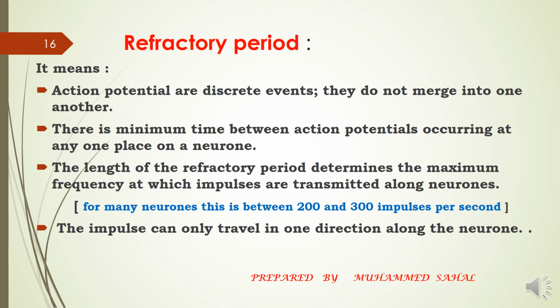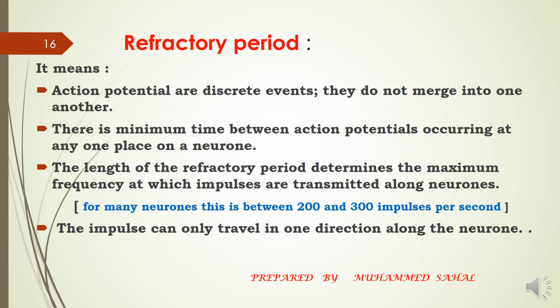They do not merge into one another. There is a minimum time between action potentials occurring at one place on a neuron. The length of the refractory period determines the maximum frequency at which impulses are transmitted along neurons. For many neurons, this is between 200 and 300 impulses per second.